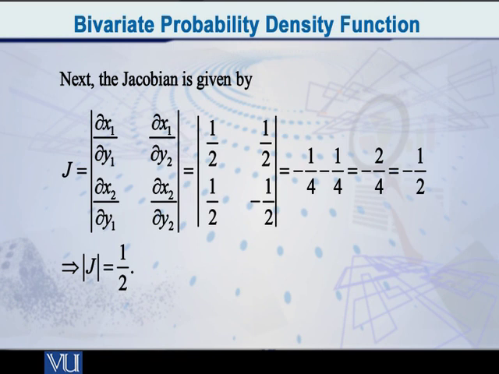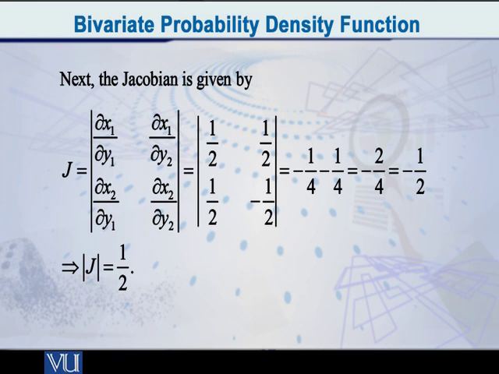So minus 1 by 4 minus 1 by 4 is minus 2 by 4, and in other words, it is equal to minus half. Now, students, this is the Jacobian of transformation. It's not correct.